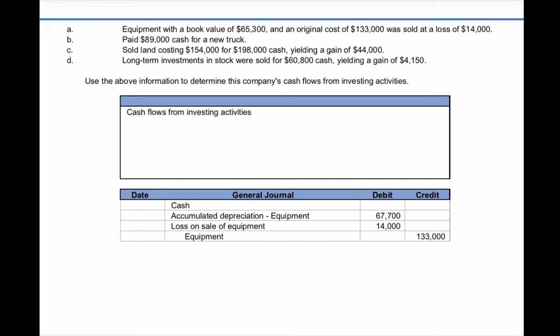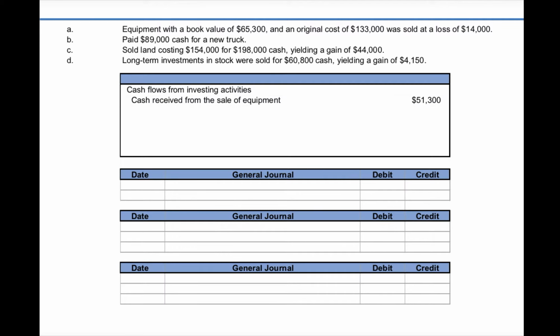On this particular item, which is number A here, we are reconstructing the sale of this piece of equipment. We see that cash was received from the sale of equipment there.